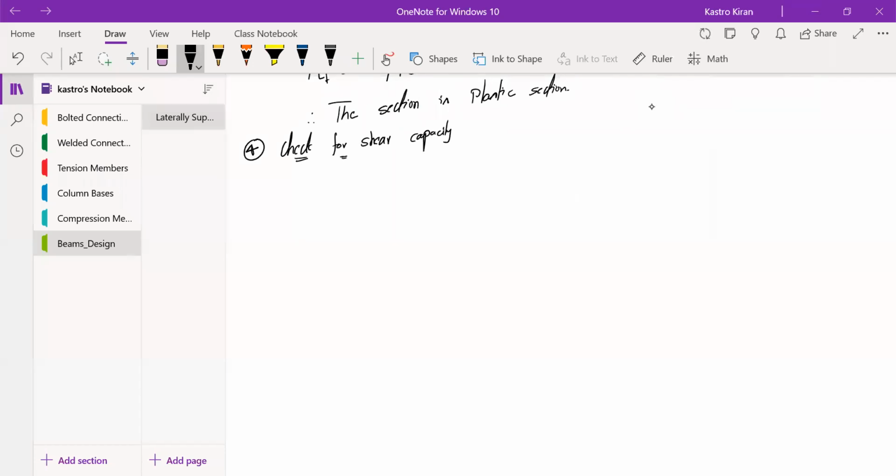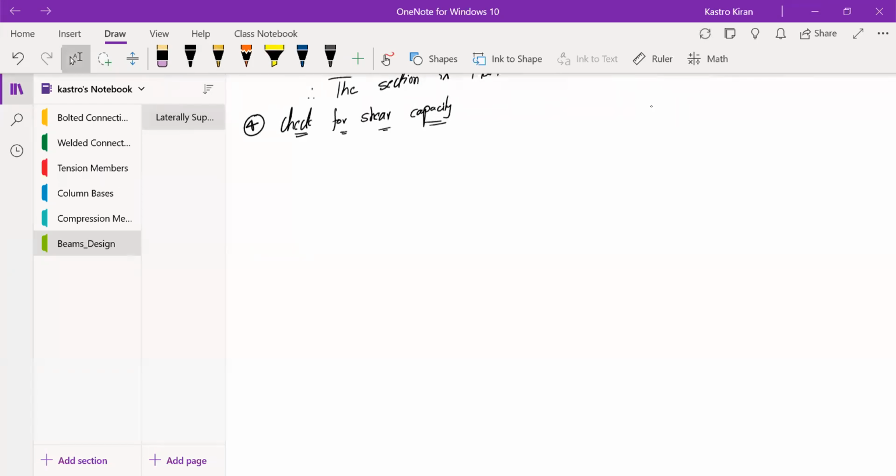So how do you check for shear capacity? It depends on the value of VD, which is the design shear strength of the section.